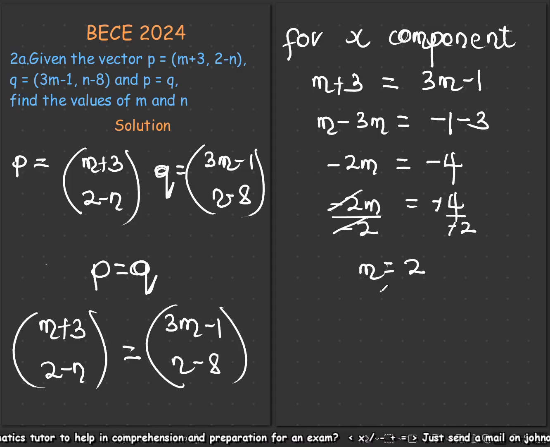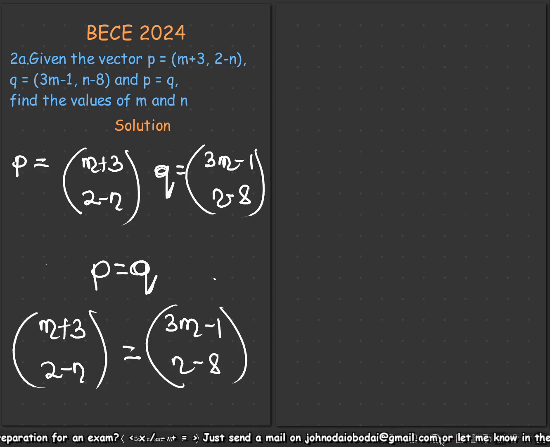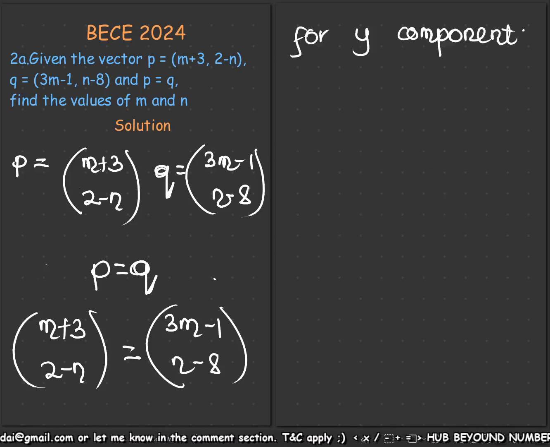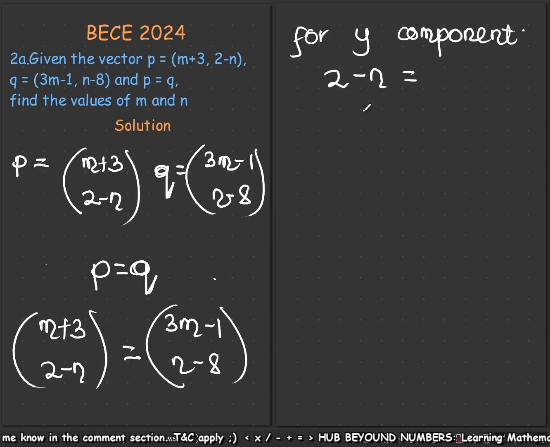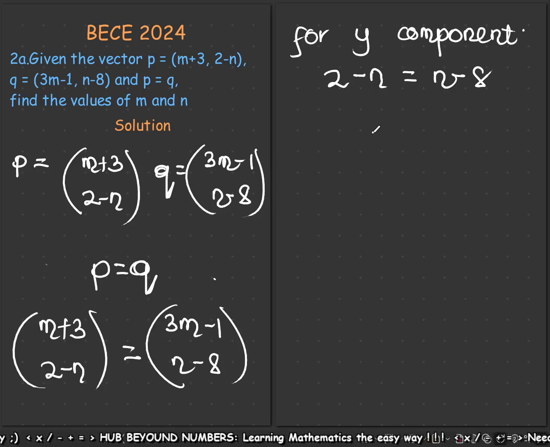Now let's look at the y component, and that is what will help us get our n. So for the y component, equating them, we have 2 - n is equal to n - 8. So with this now, we want to try and solve for n.